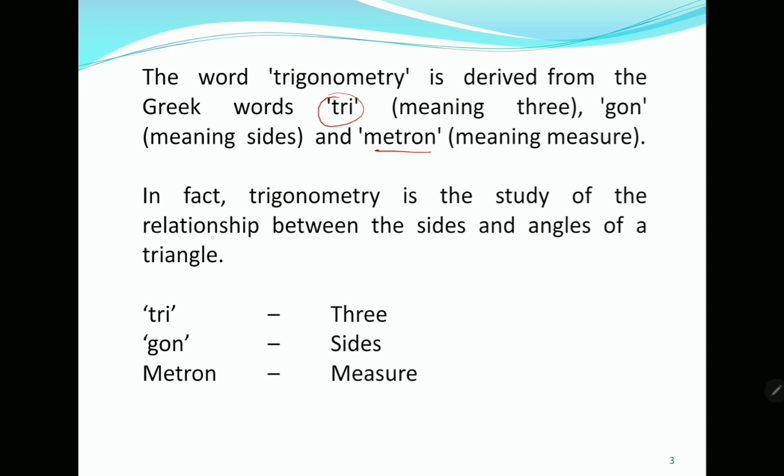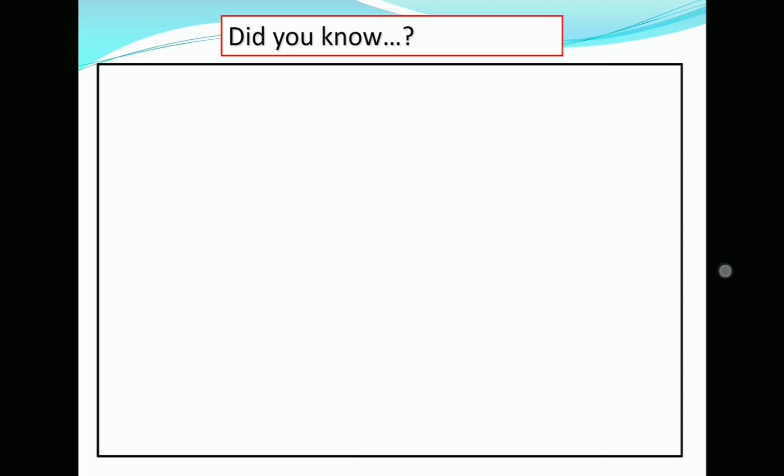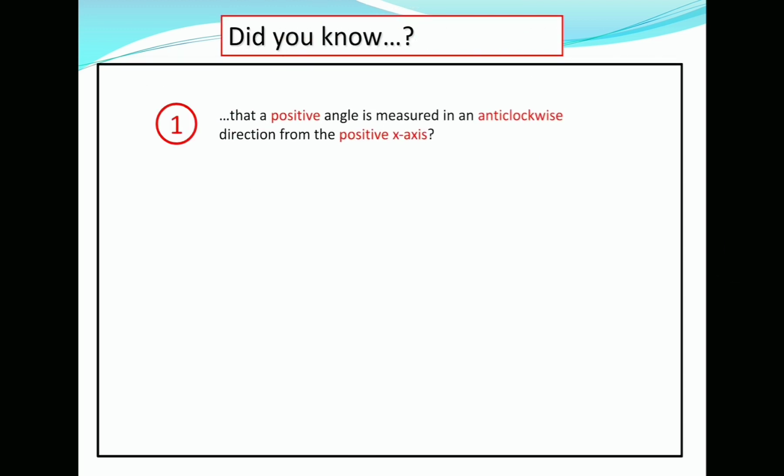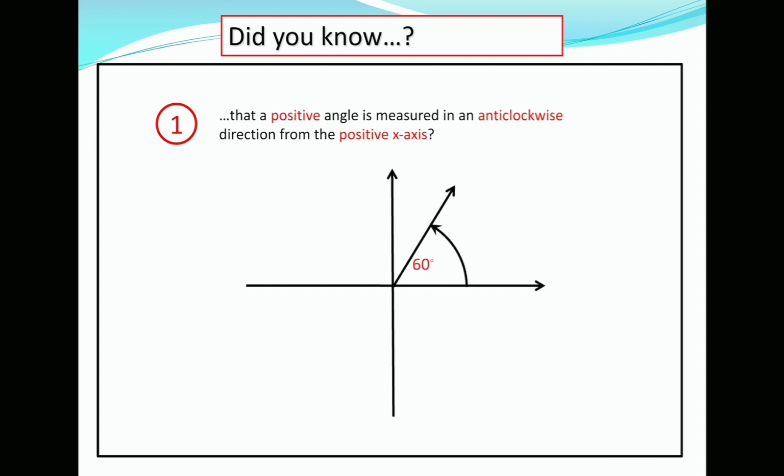Trigonometry is the study of relationship between the sides and angles of a triangle, and more specifically, a right-angle triangle. Now, first is that an angle whenever it is measured in anti-clockwise direction from the positive x-axis is always positive.